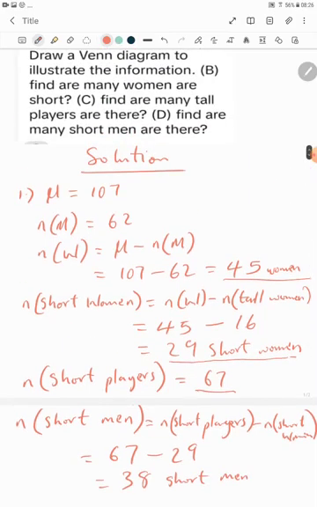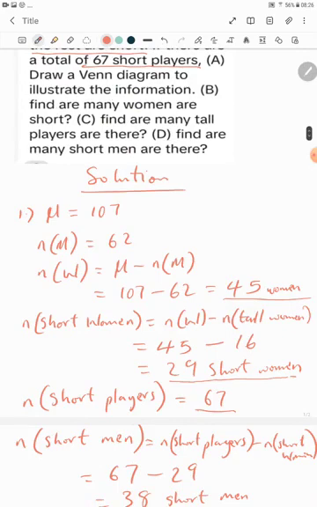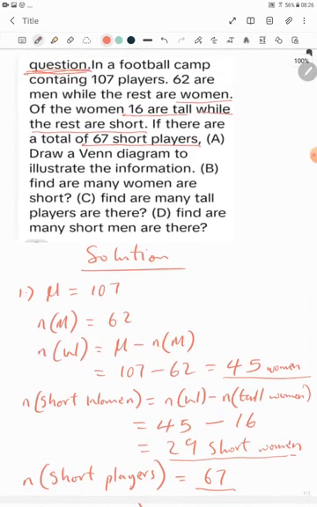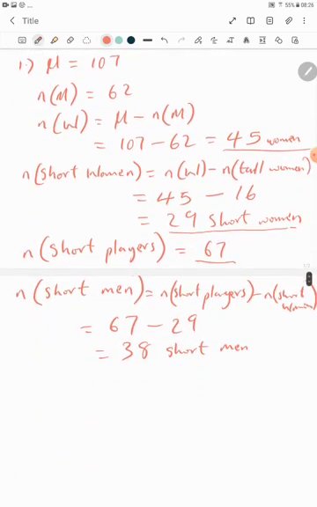Okay, short male players. And don't forget that we have 62 men. So if we have 62 men, then we can easily find the number of tall men. The number of tall men now will be equal to the number of men that we have minus the number of short men.